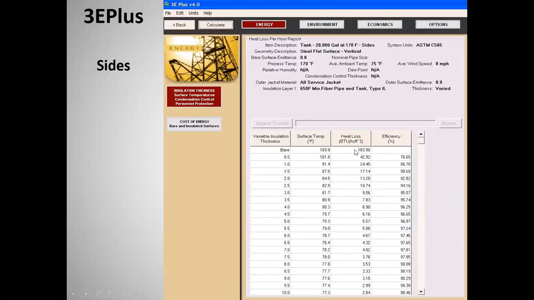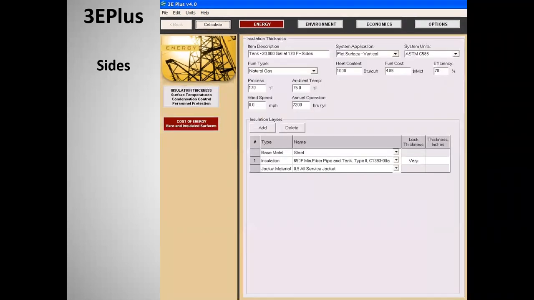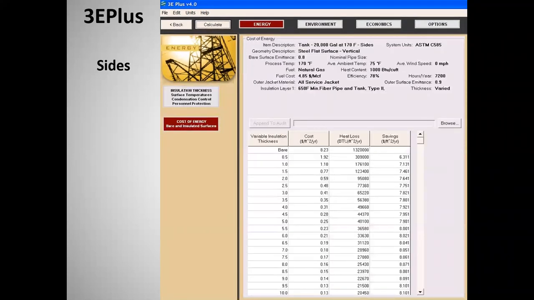We're going to go from 183.9 down to 13.2 BTUs per hour per square foot, and so that's a 92%, almost 93% reduction in the heat loss. You can run the cost calculation. And so for the 2 inches, per square foot, we're going to save $7.64.